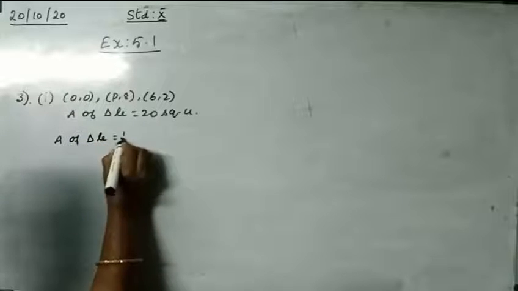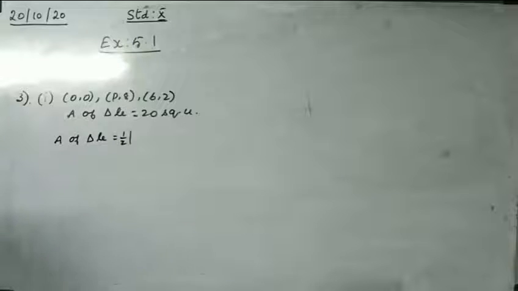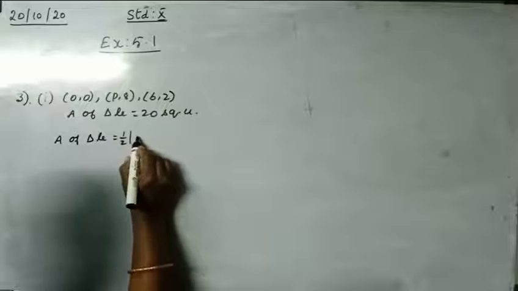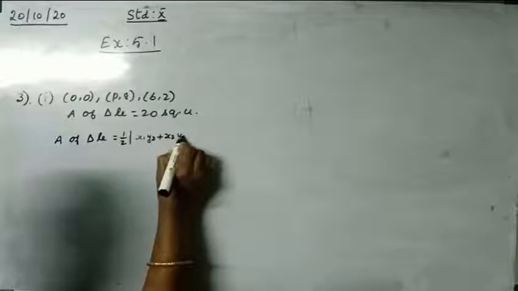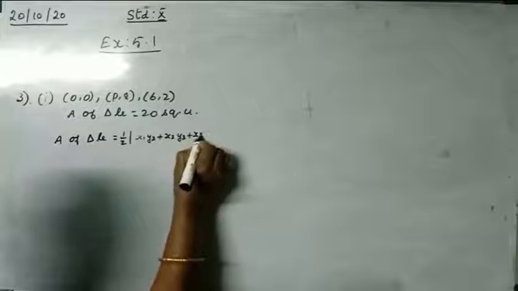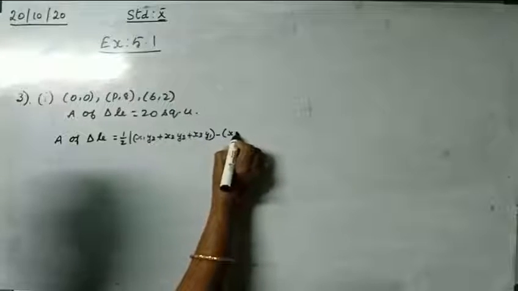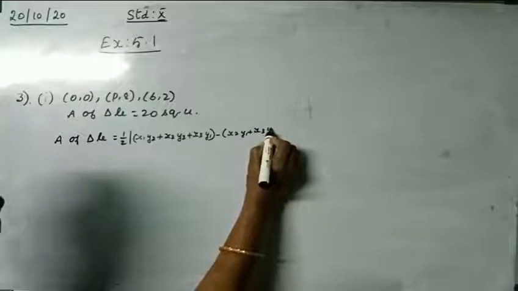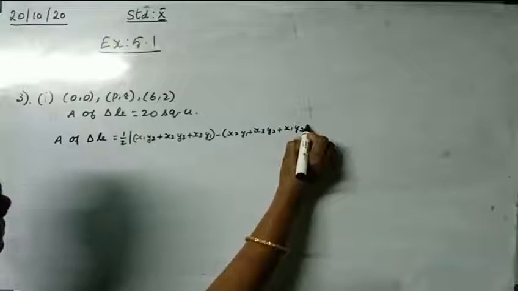Area of triangle is equal to 1 by 2 modulus of x1 y2 plus x2 y3 plus x3 y1 minus x2 y1 plus x3 y2 plus x1 y3. You can follow any one method.